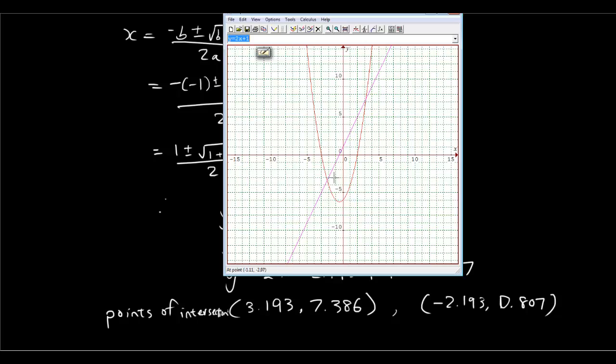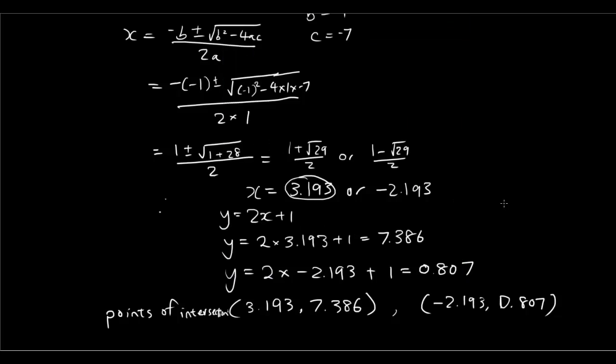And let's have a look at our second point of intersection. X is negative 2.193, which is correct, and y is 0.807, which is wrong. So what is wrong with our y coordinate?